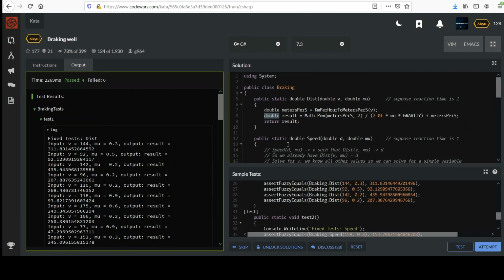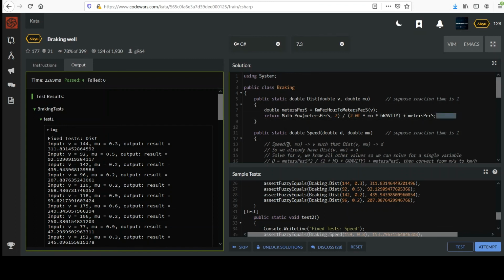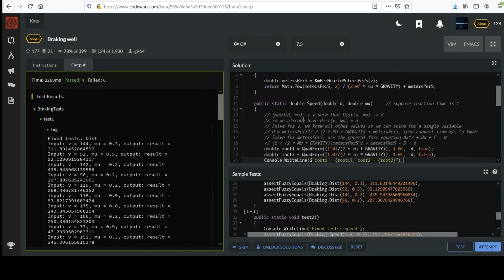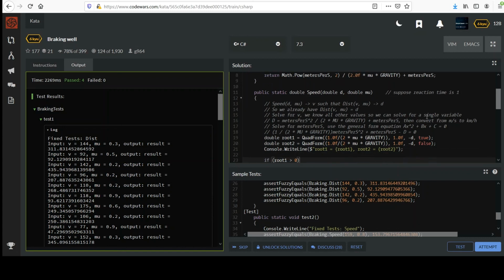Maybe I'll just say return that, since I'm not logging it anymore. And then I'll leave the comments. They may be helpful for someone else if our answer shows up in the feed for someone.